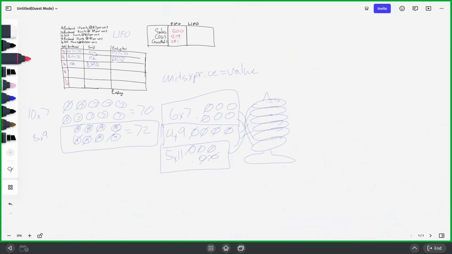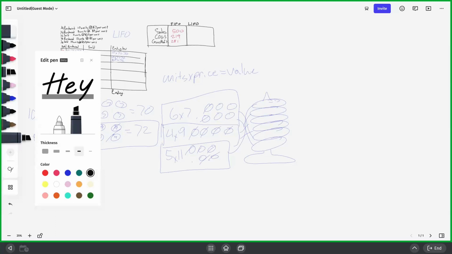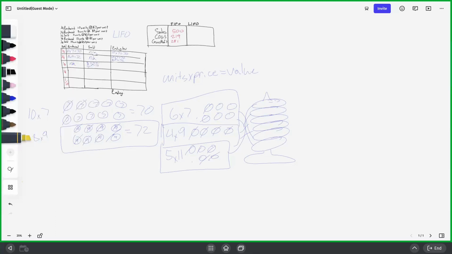But just like how the ending inventory here. So every time we're going for sold, we focus on yesterday's ending inventory.